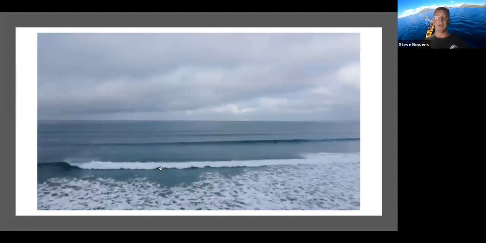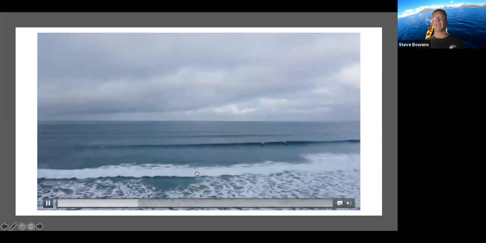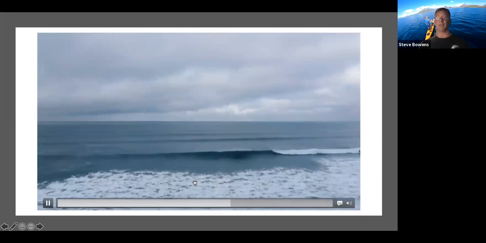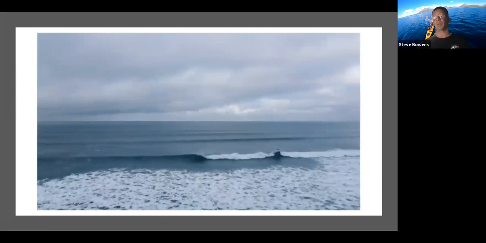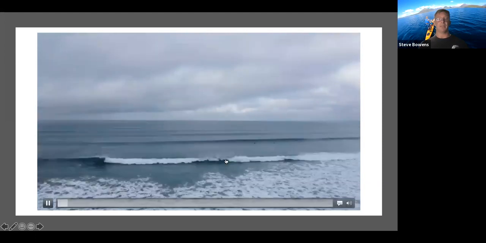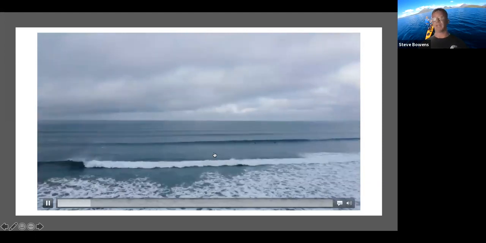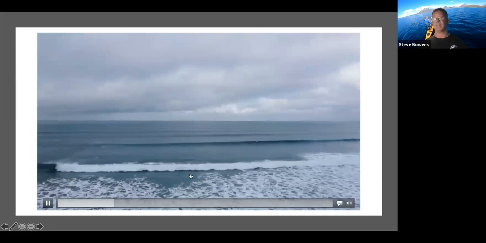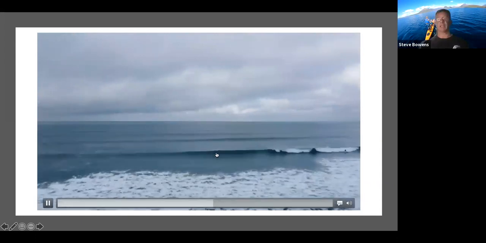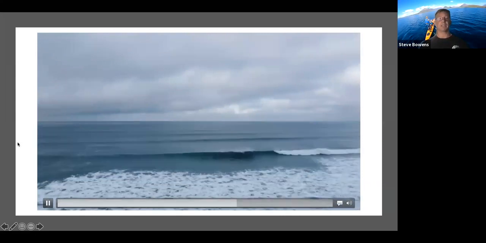Certainly not an environment to go out swimming in unless you were very, very confident and you were specifically going out to swim in surf. This is not an environment for 99.9% of people swimming. It does give you an idea of what that forecast actually looks like.